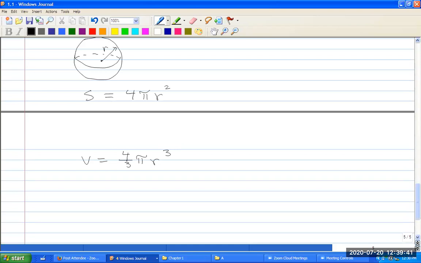Okay, so it says that the raindrop evaporates at a rate proportional to its surface area. So the rate of change of what? When you say something evaporates, how is it evaporating? Well, it changes with respect to time.